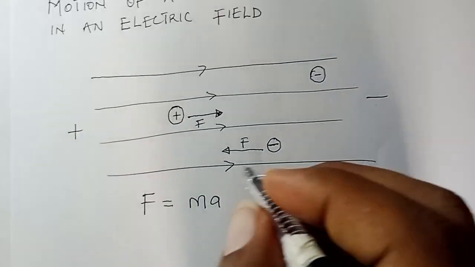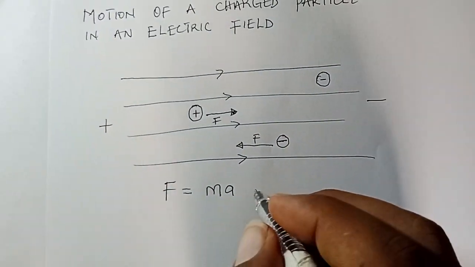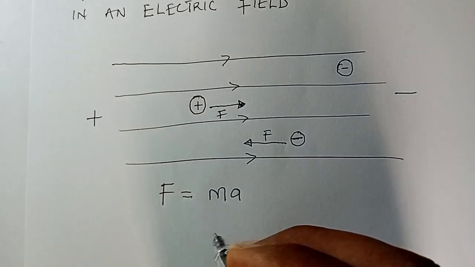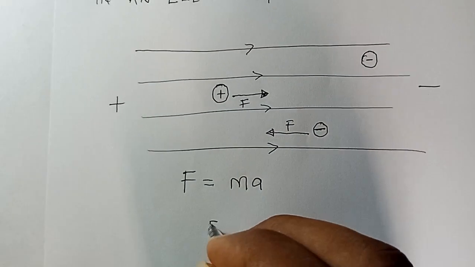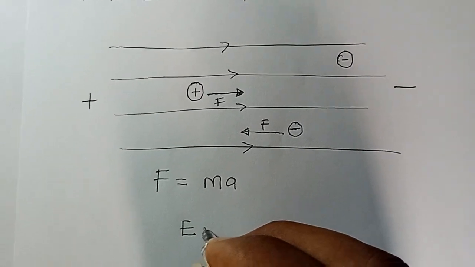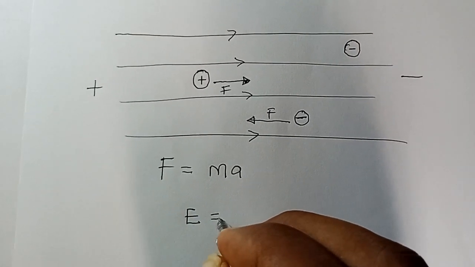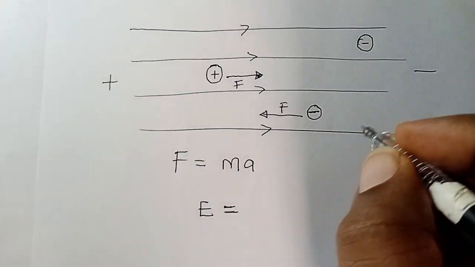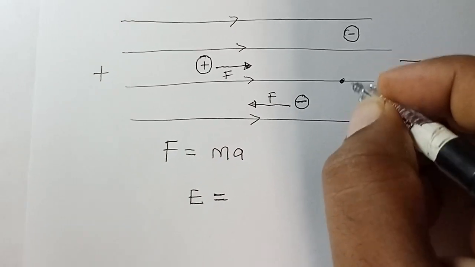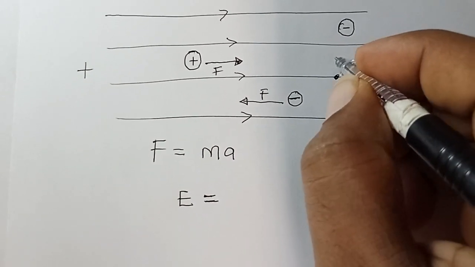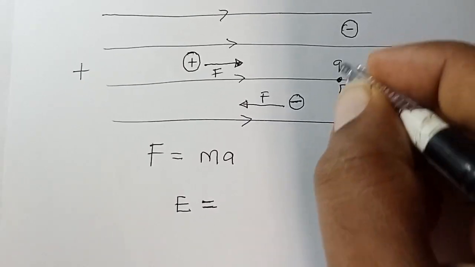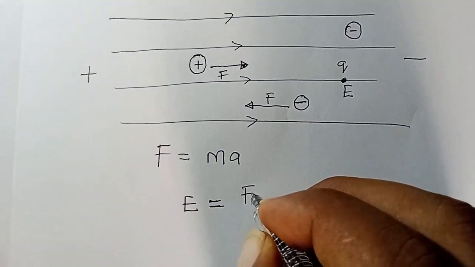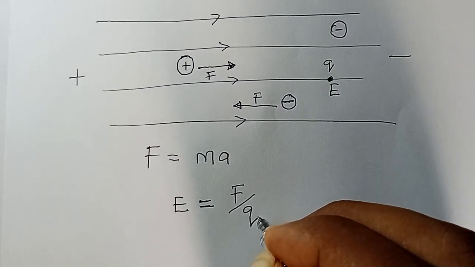So if we relate this formula for force with the formula I told you in the last topic: the electric field strength at a point, E, felt by a charge introduced to this electric field, is equal to the force felt by that charge divided by the charge.